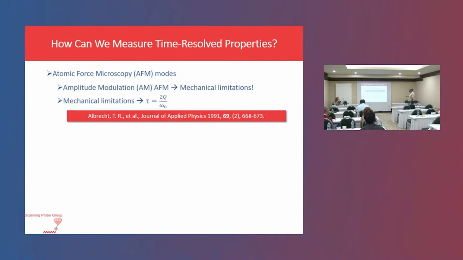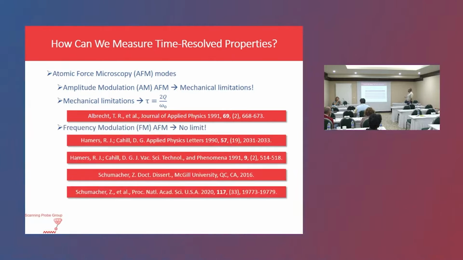The majority of people are interested in amplitude modulation, which is based on measuring the oscillation amplitude and demodulating the tip sample separation by using it. This is a mechanical technique, and it has mechanical limitations, since it scales with the quality factor of the oscillating probe. For this reason, the obtainable time resolution is limited to the order of seconds.